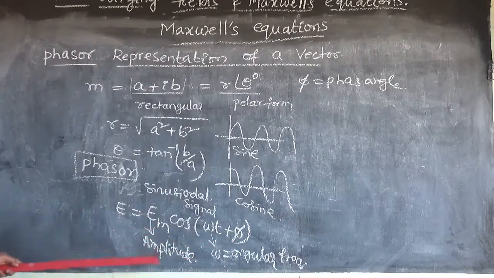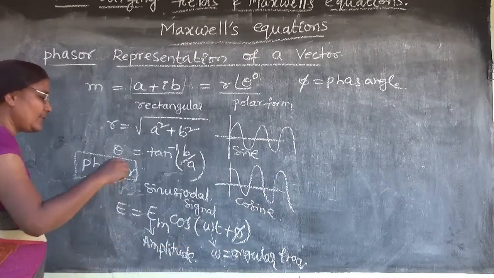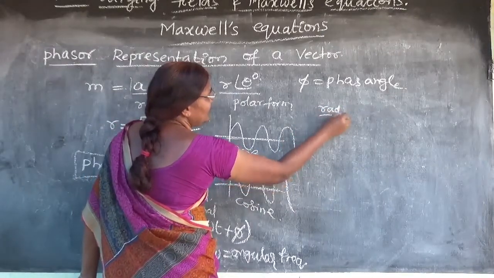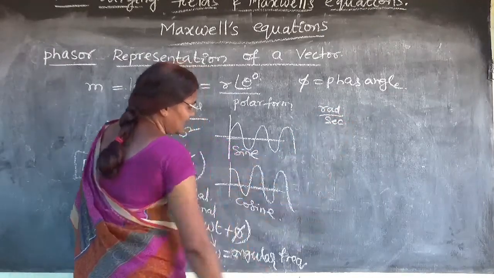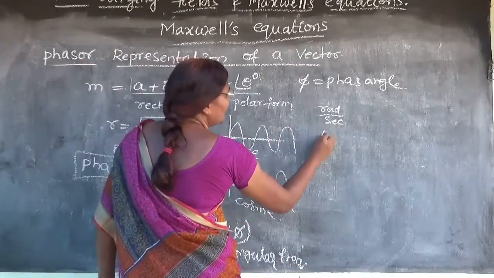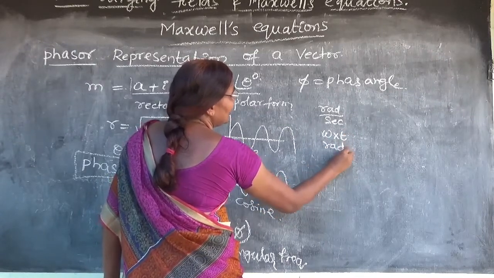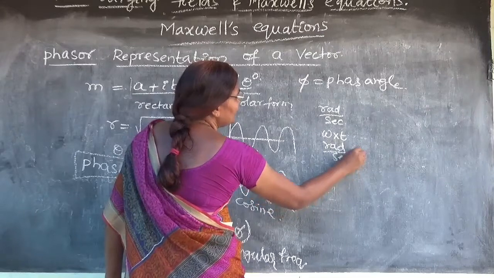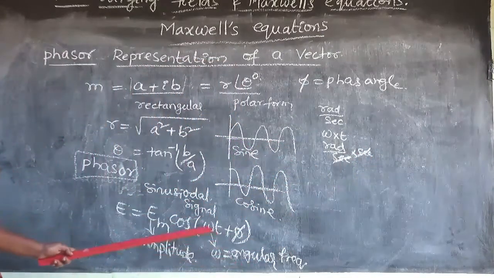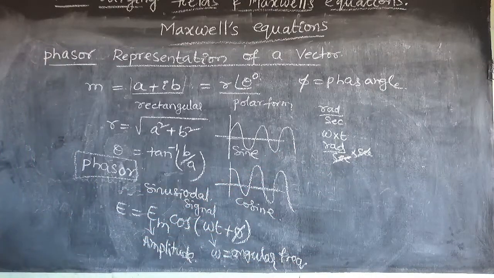What is angular frequency? Radians per second. If omega into t is given, then radians per second into seconds will give radians, simply an angle. Omega t plus phi is an angle.